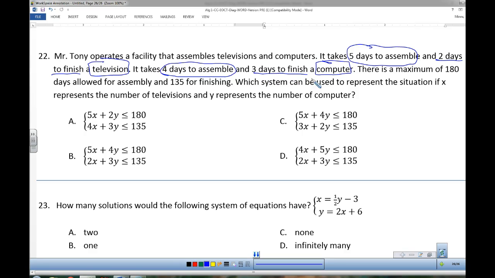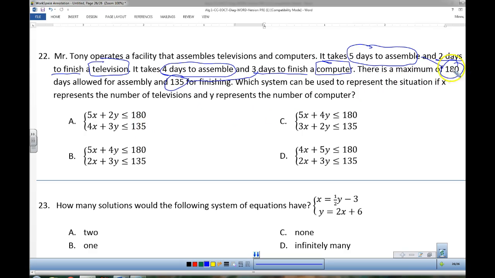There is a maximum of 180 days allowed for assembly, so the 180 goes with the assemblies, and 135 goes for the finishes. So each of these has 180 on one of them and 135 on one of them.